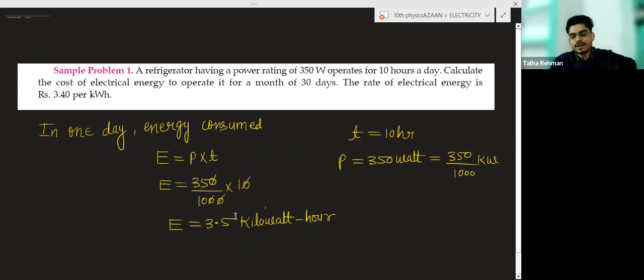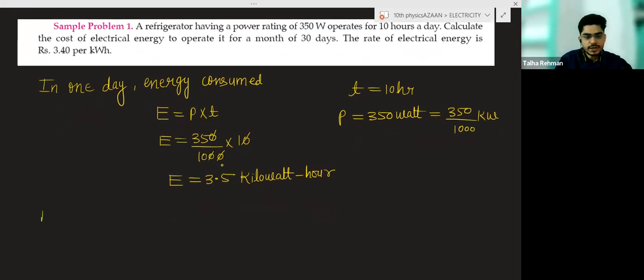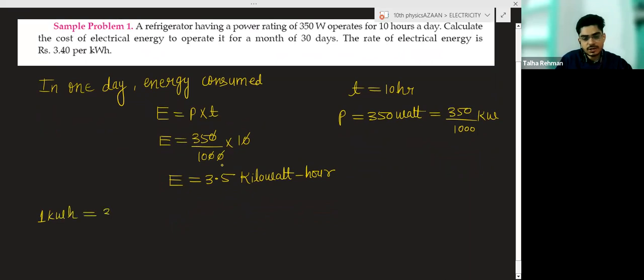Another way to calculate the energy: calculate the power in watt and put the value of the time in second. So you will get the energy in joule, then convert that joule into kilowatt hour. You know that 1 kilowatt hour is 3.6 into 10 to the power 6 joule.